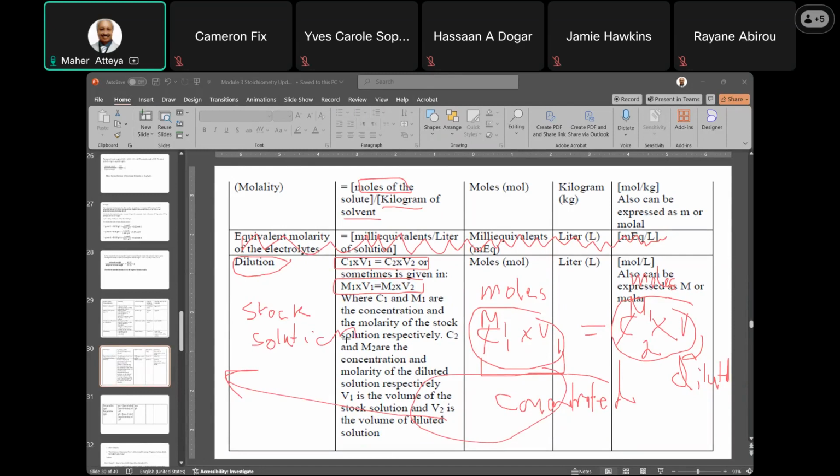We're stocking the solutions from manufacturing companies, most of the time inside special cabinets or refrigeration if needed, and those are called stock solution, which is really pure, not diluted, not contaminated.